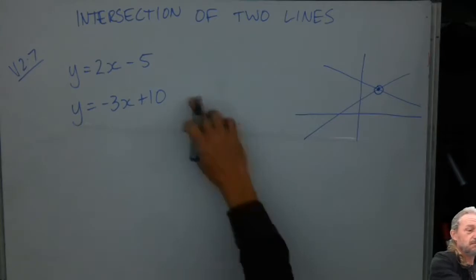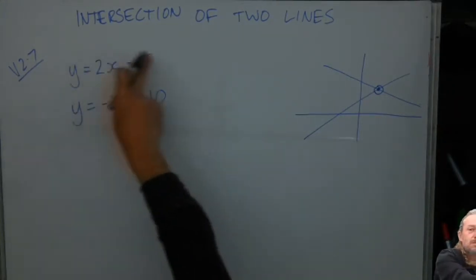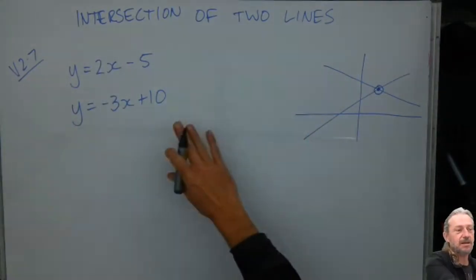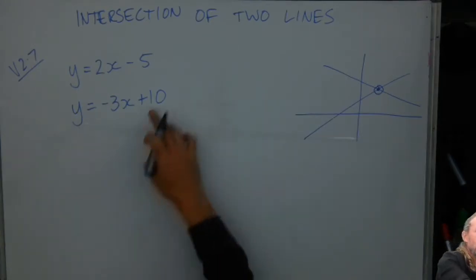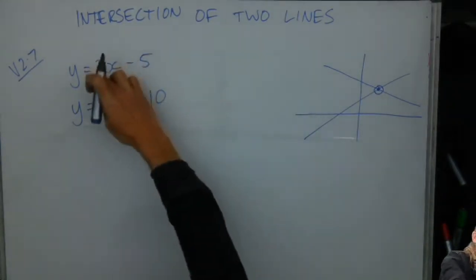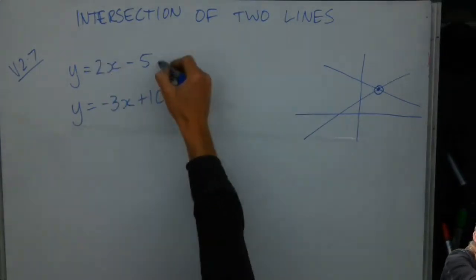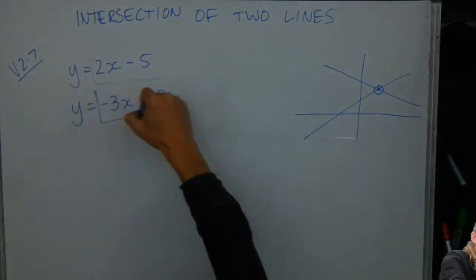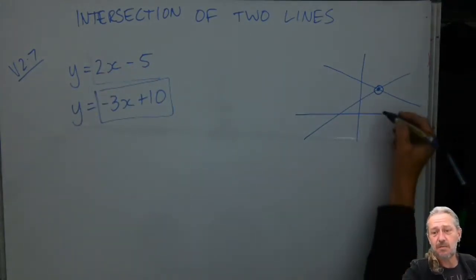As long as they are both rearranged in this y equals something x plus or minus something, then we make this bit equal to that bit, and then we solve, and that will tell us what this x value is.